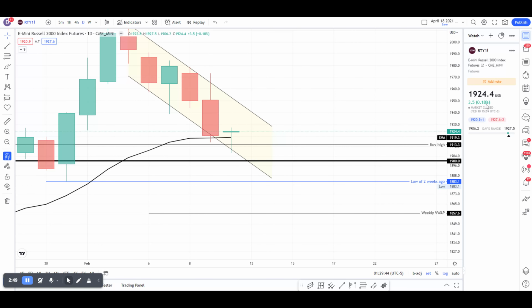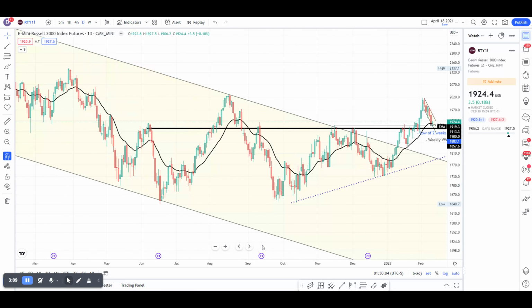The fact that the Russell on Friday finished, although very slightly green, above that 20 EMA is a good sign, and it did not breach the 1900 support. So definitely look at the 1900 support.